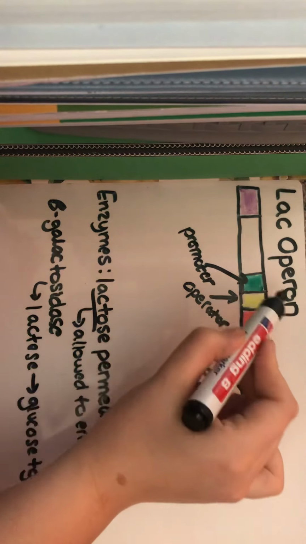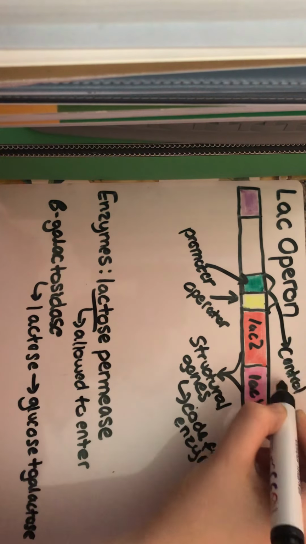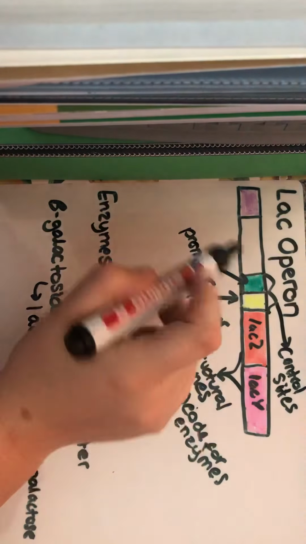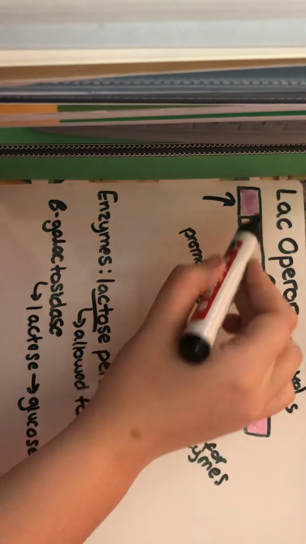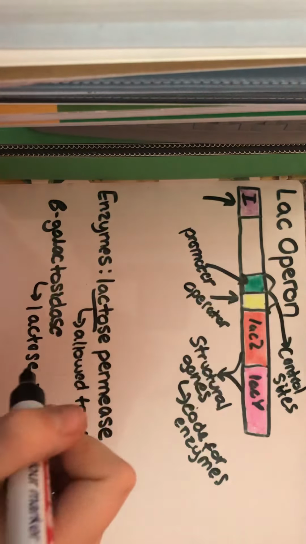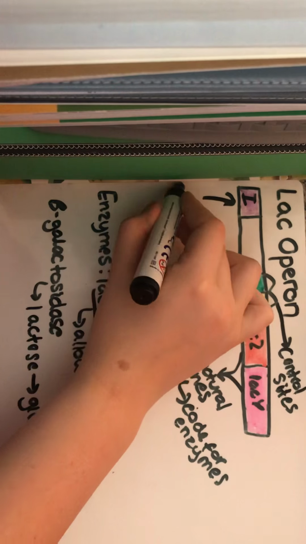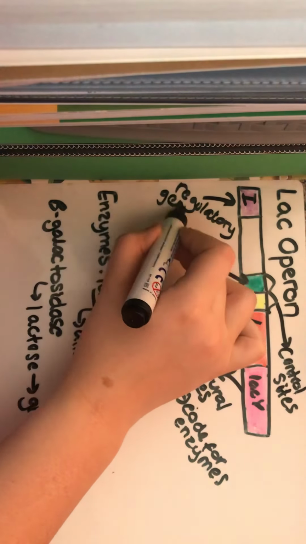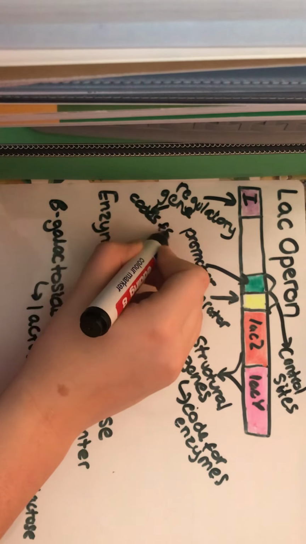So these two here, these are the control sites. And then here we have the regulatory gene, using the symbol I, which codes for a repressor protein.